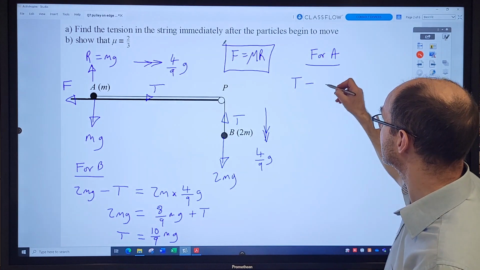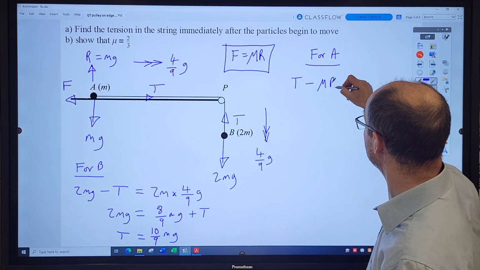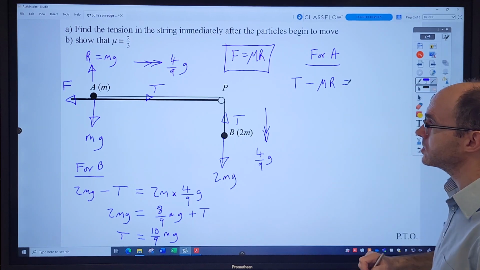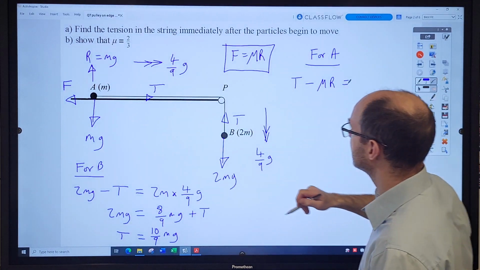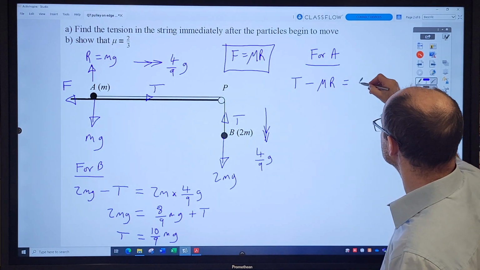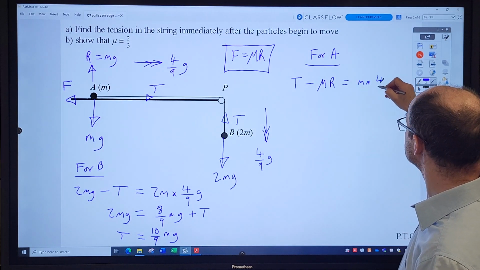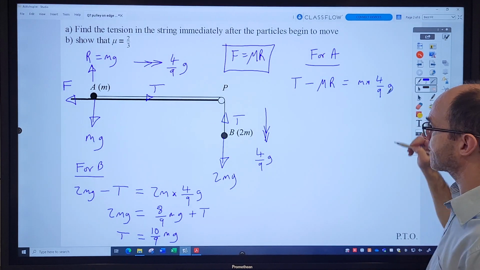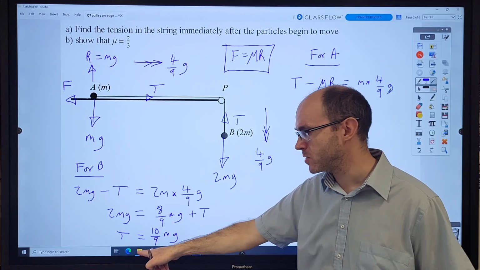So I'm just going to write T subtract mu R is equal to mass times acceleration. Here the mass is m, and the acceleration is 4/9 g. Okay. I've got T already, so I can substitute that in.